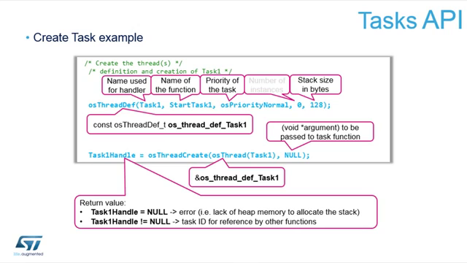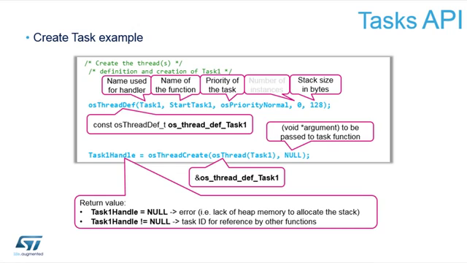Here we put the name of the handler, the function that will be called when the task is instantiated, the priority, number of instances which is ignored right now, and the number of the stack size currently in bytes. So the CMSIS API differs from the native API by definition of the stack size in bytes.